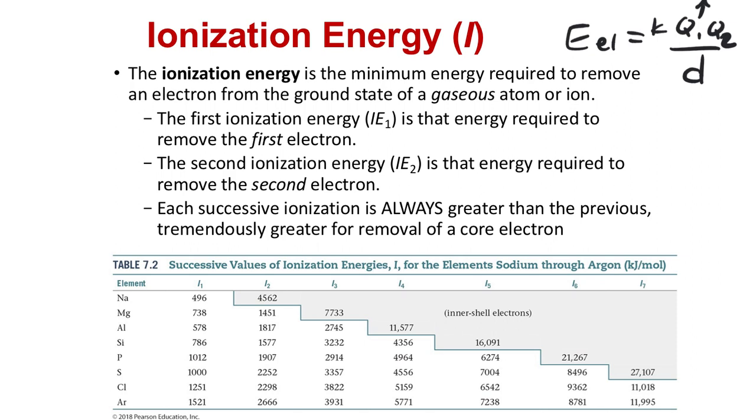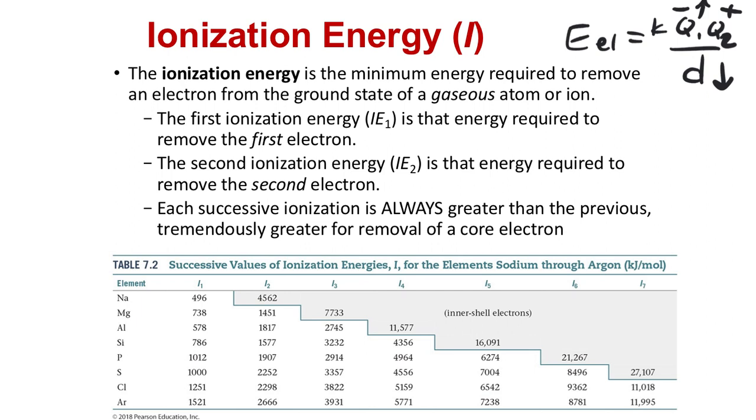If you increase the effective charge, you're going to increase the magnitude of attractive force between the electron and the nucleus. And if you decrease the size of the atom, you're putting that negative electron closer to that higher charge, which also increases the energy of attractive force.